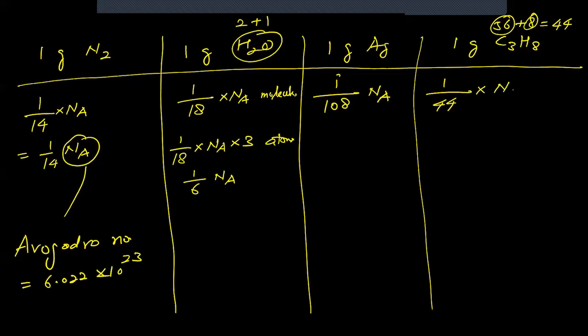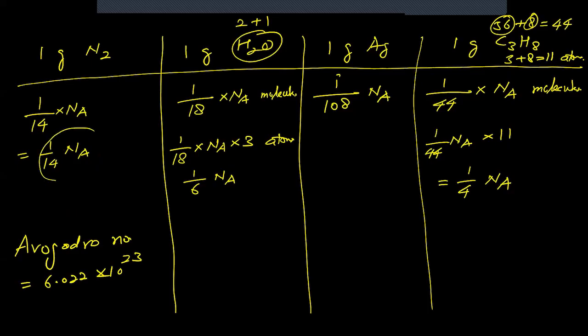I will multiply it by the Avogadro number, giving these many molecules of C3H8. But one molecule has 11 atoms, 3 plus 8, 3 of carbon, 8 of hydrogen. So atoms will be 1 by 44 Na multiplied by 11, that is 1 by 4 Na.